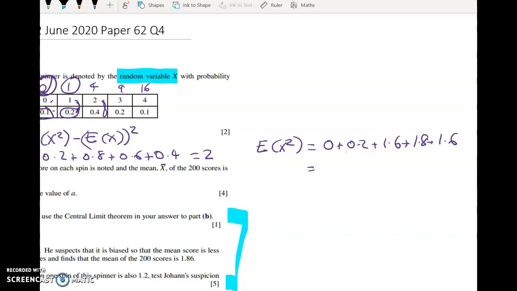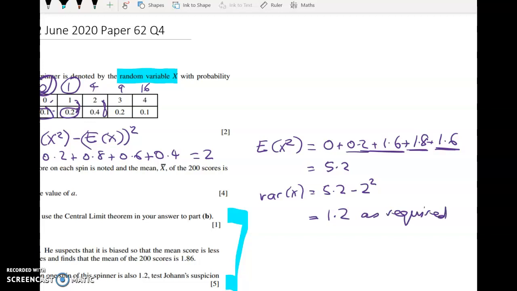And that all adds up to give me 1.8, 3.6, 5.2. And that means that the variance of x is equal to 5.2 minus 2 squared, which gives me 1.2 as required. So far, so good.